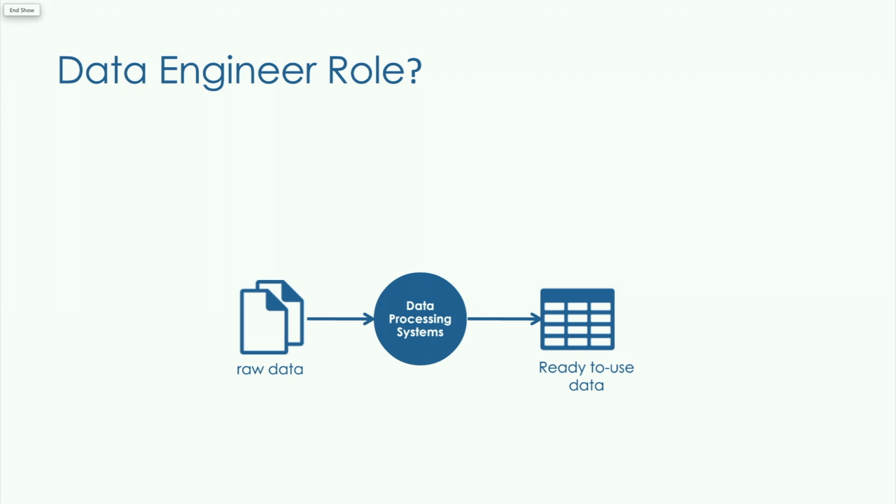So here, for example, we are ingesting data, preparing and transforming this data, and finally loading it to be available for different use cases, for example, business intelligence, AI, or machine learning.